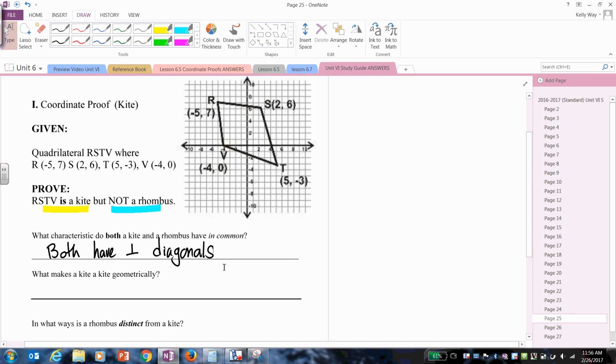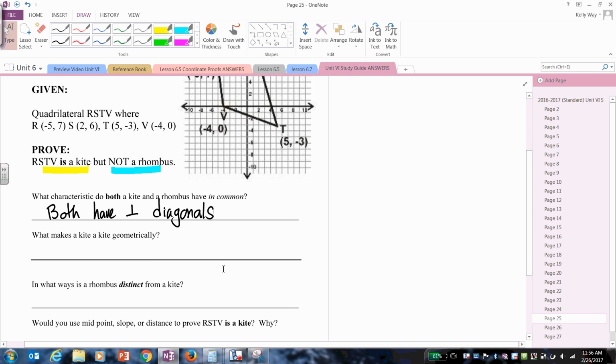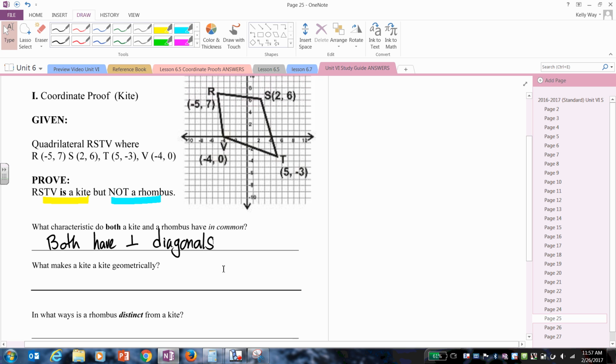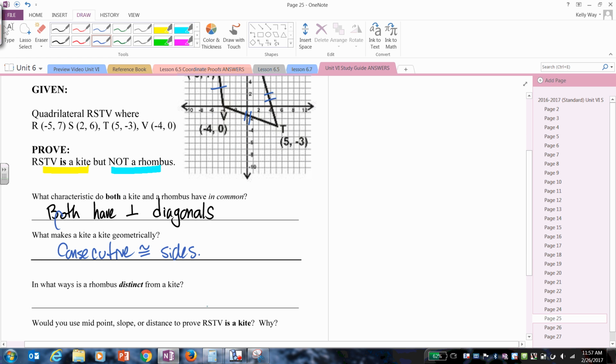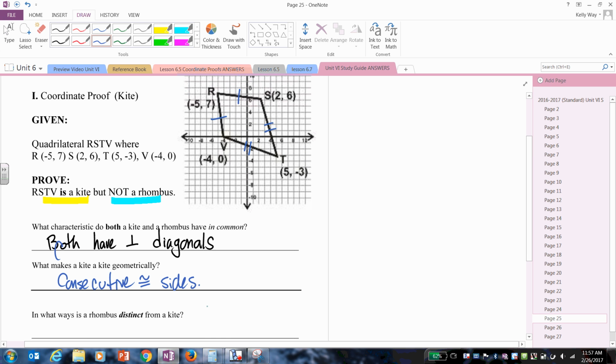What makes a kite geometrically? By definition, a kite has consecutive congruent sides. So what makes a kite distinct from a rhombus?